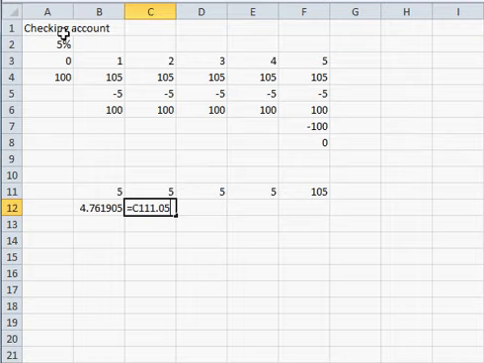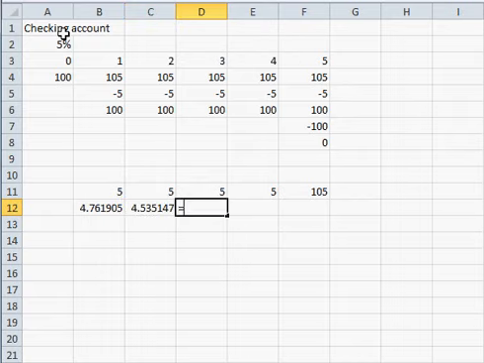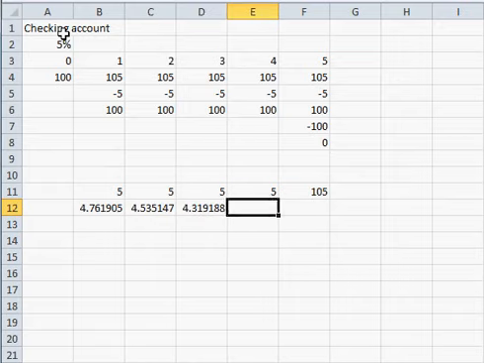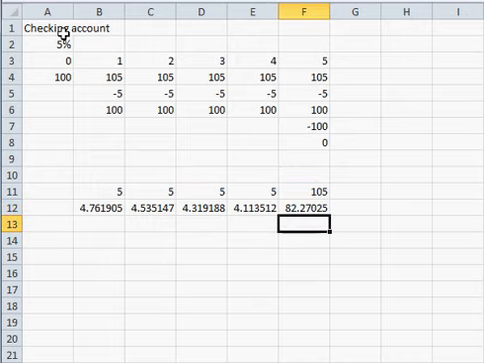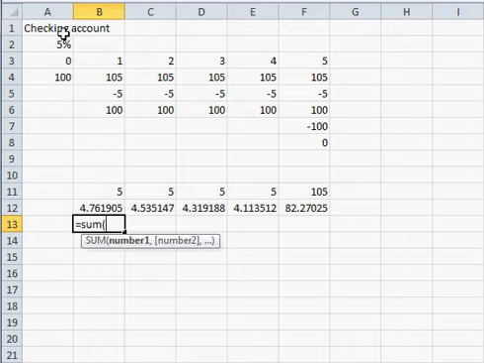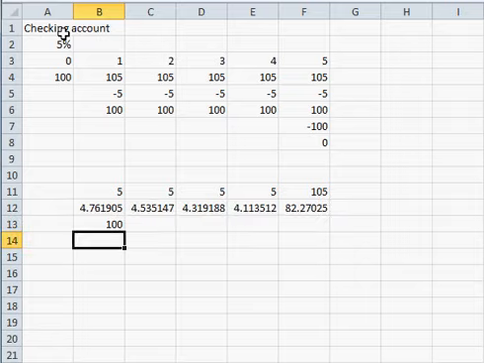So take this $5 and divide by 1.05, take this $5 and divide by 1.05 squared, and take this $5 and divide by 1.05 cubed, and take this $5 and divide by 1.05 to the fourth, and then this divided by 1.05 to the fifth, and then add all those present values up, and we get, unsurprisingly, $100.